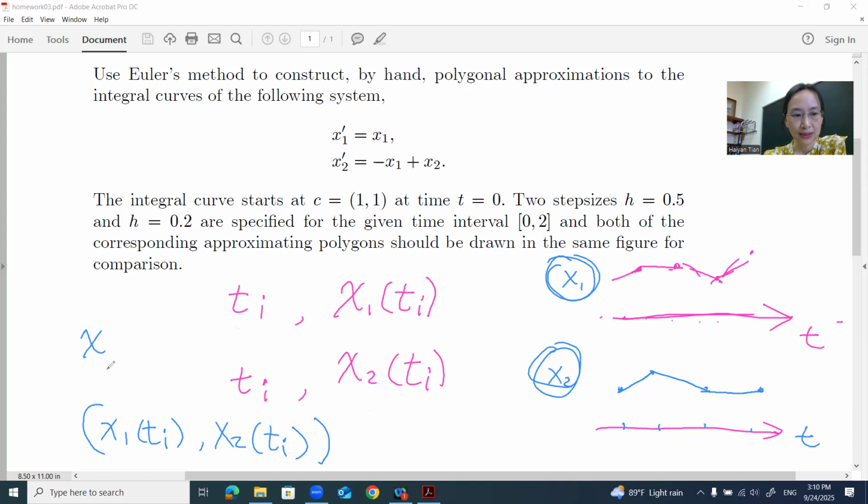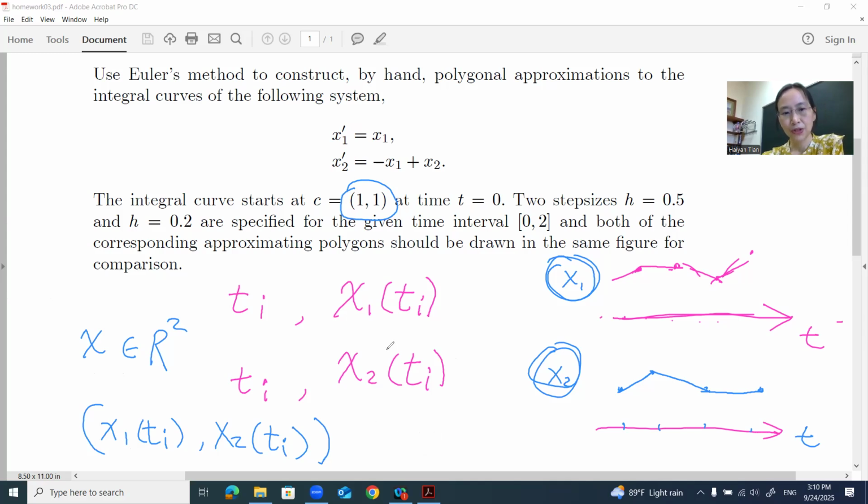So in R2, in the two-dimensional space, you just show x1 versus x2. And then starting from t0, which is given, right? That's 1, 1. You have one point in R2. So start from that point, you calculate when i is 2, that's another point. So each ti will give you an ordered pair in R2.